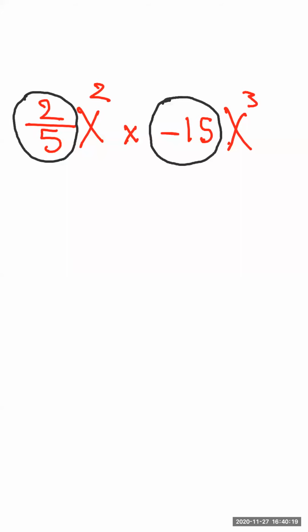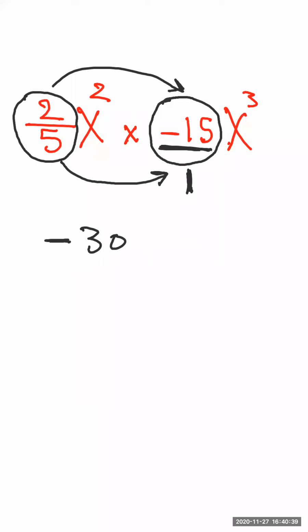So now, guys, we said that negative 15 means negative 15 over 1, right? So now there are two options. The first option is to multiply the two numbers, 2 times negative 15, so it will equal negative 30, and then multiply the denominators, 5 times 1, which will equal 5. Then negative 30 over 5 will equal, of course, negative 6.